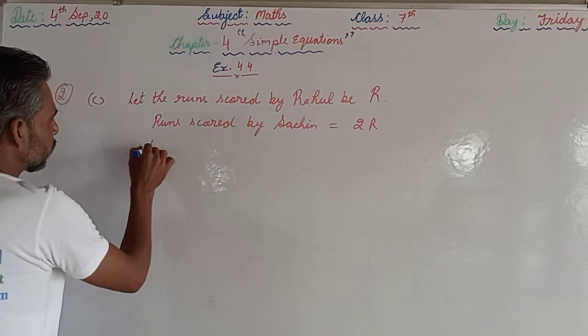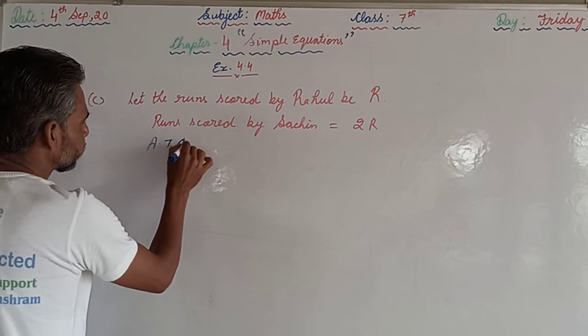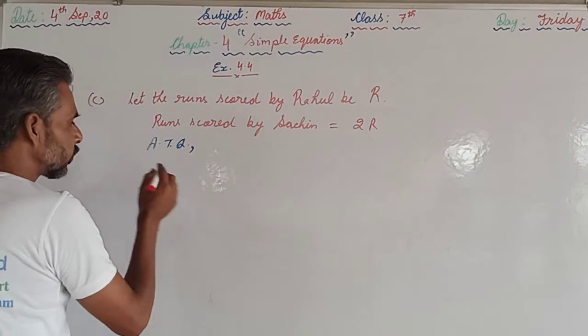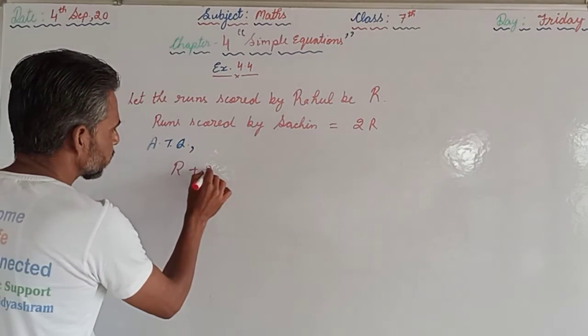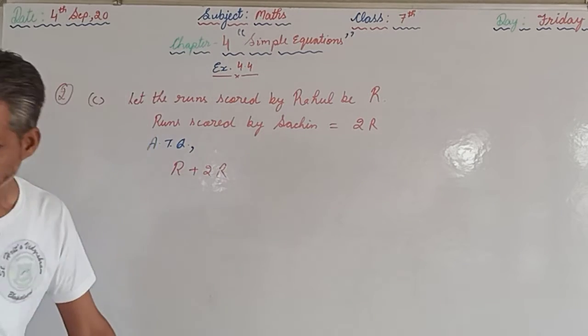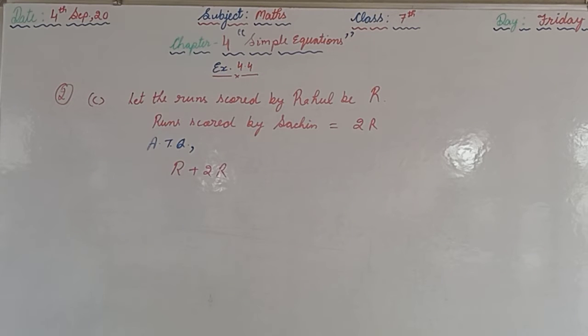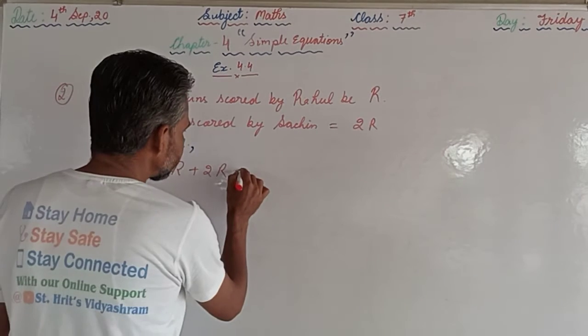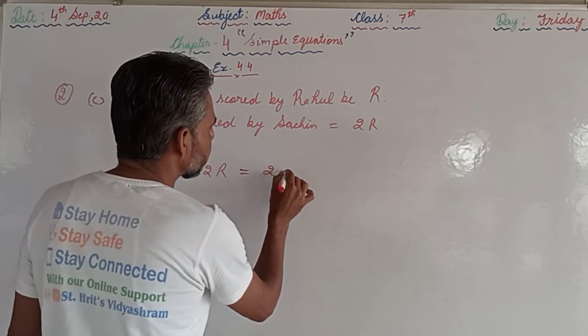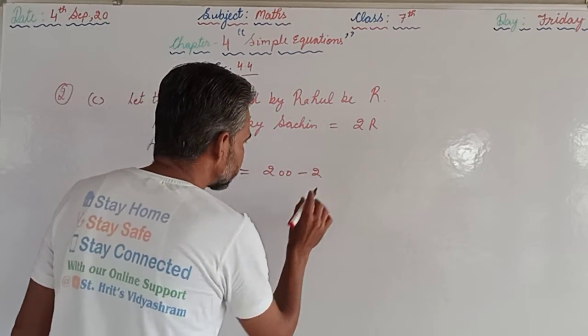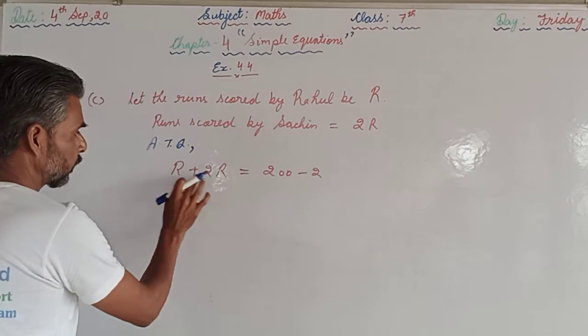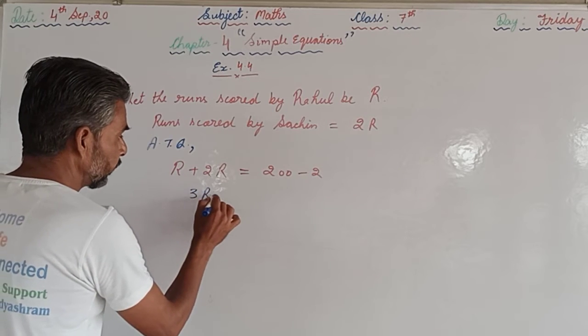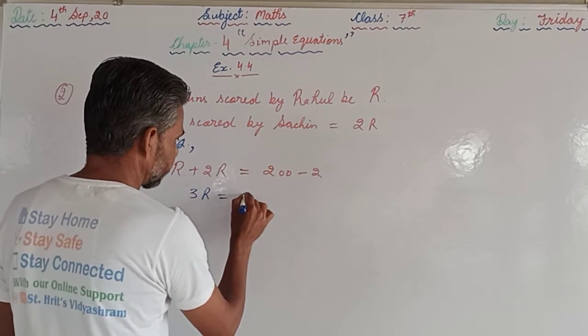Then according to the question, their total means R plus 2R. Together their runs fall too short of a double century. Too short of a double century means 200, too short means minus 2. So from here we can say 2R plus R, 3R, equals 200 minus 2, that is 198.